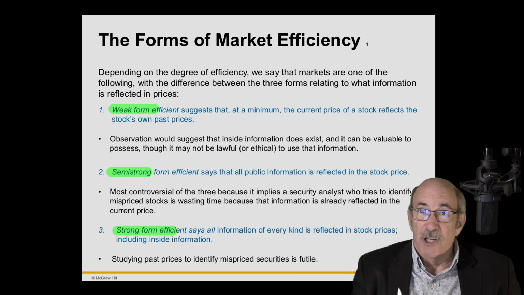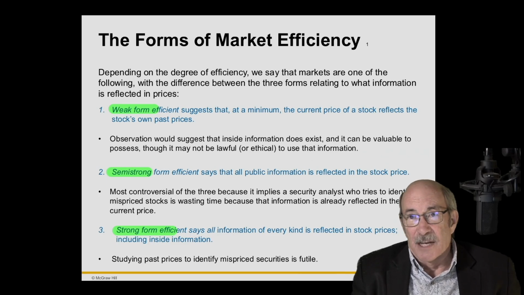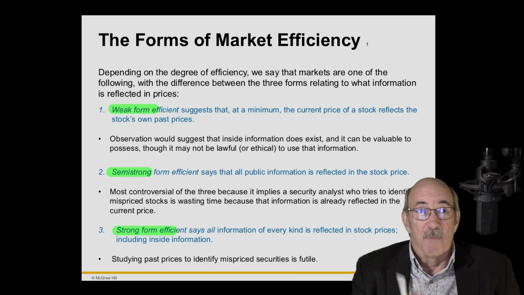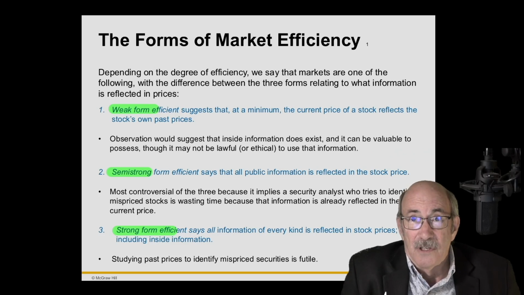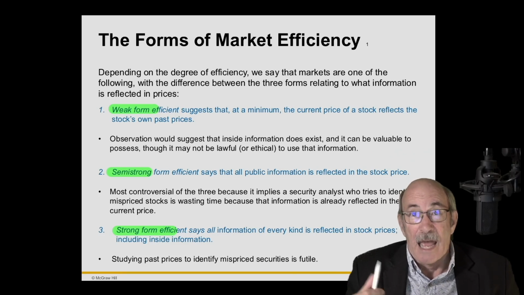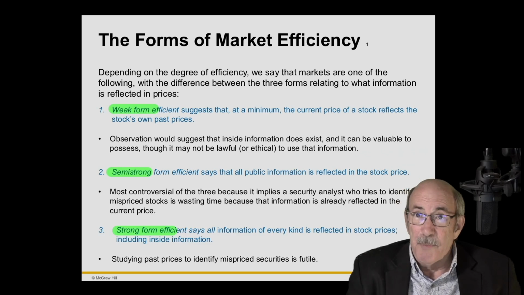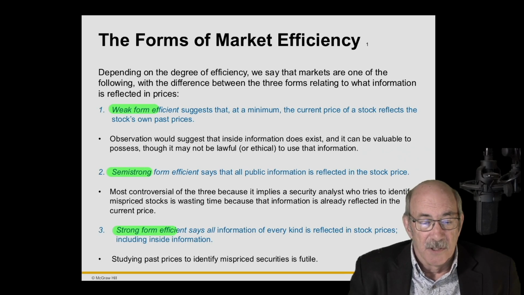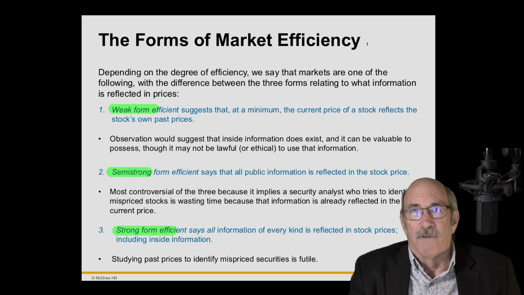Now, if markets aren't even weak form efficient, there's actually a fourth category that nobody really talks about, but they may not even be weak form efficient, which means that technical analysis is something that I could use to make abnormal returns. All right? Semi-strong form efficiency says, okay, markets are at least weak form efficient.